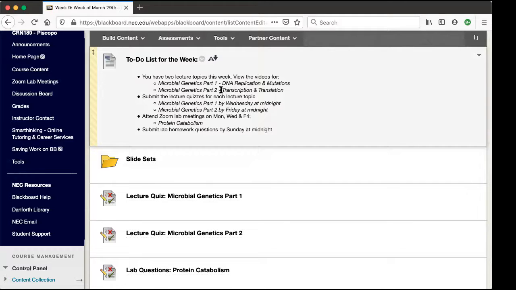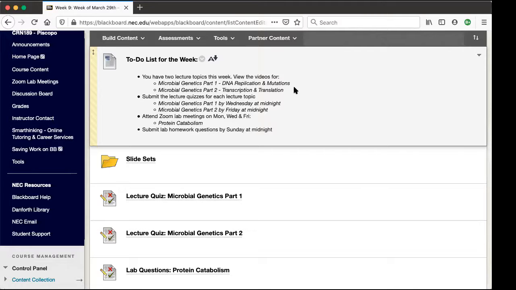So it involves the process of transcription. And that's the process where the DNA molecule is used to make an mRNA. And then translation takes the mRNA molecule and uses it to build protein. So two very different processes: replication and what we call gene expression, transcription and translation. And those will be coming up next week.